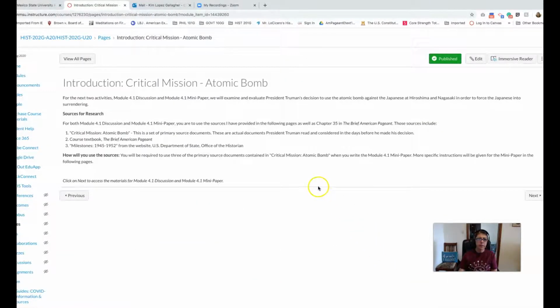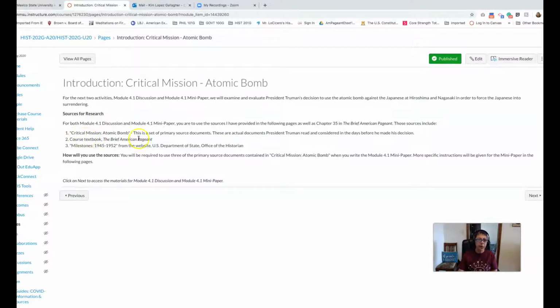This is the introduction to the instructions for your paper, and I have several pages of instructions. In order to do this paper, you're going to read chapter 35 in the Brief American Pageant in our book. These are the sources that I want you to use.